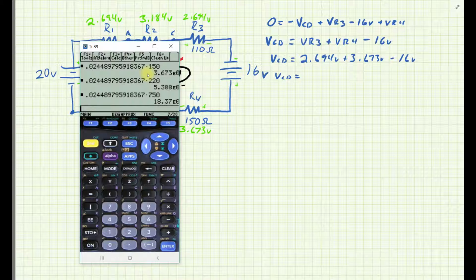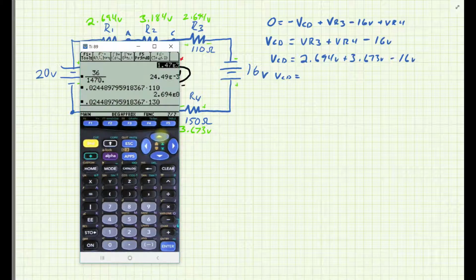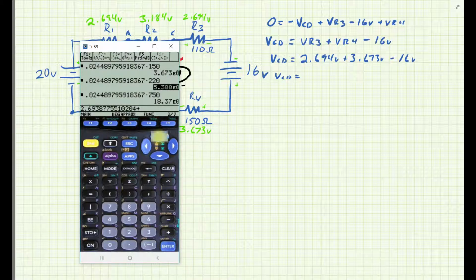Now I happen to have these things saved. Whether or not you save all your history in your calculator, it'll reduce a little rounding. I'm not sure if I care so much right now, but since I have it, plus that plus, and then minus 16.